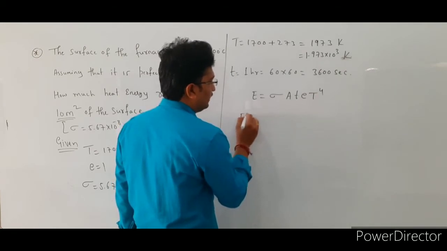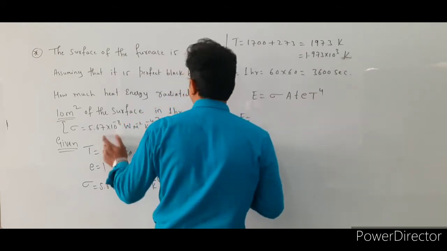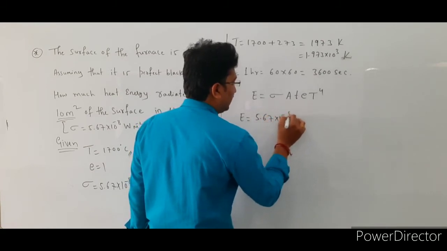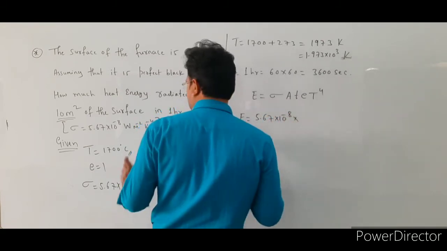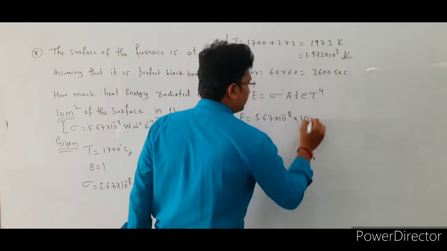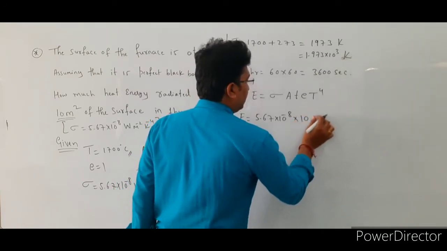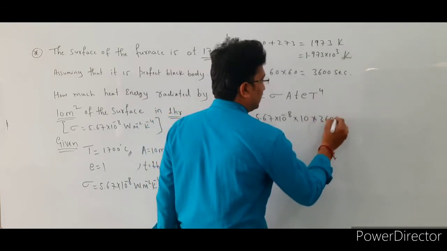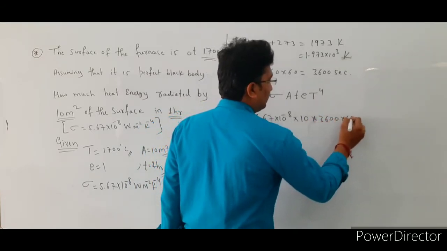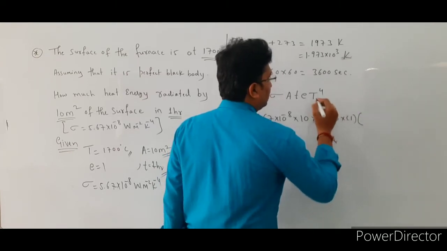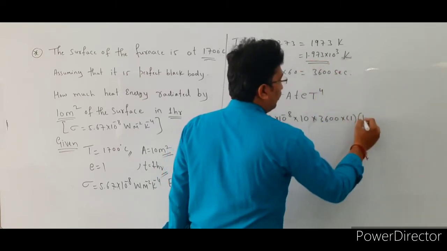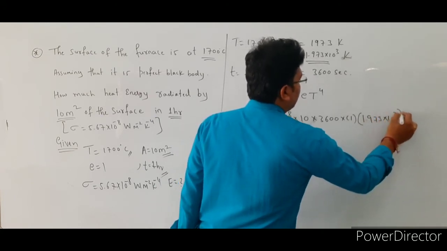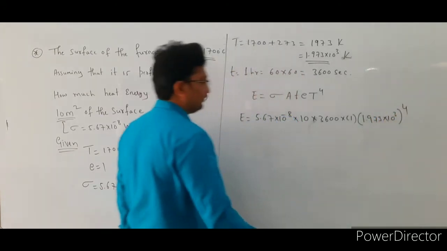Substitute all the values here. E is equal to, what is the sigma value here? That is 5.67 into 10 to the power minus 8, and the area is 10 meters square, and the time is 3600, into emissive power 1, and the temperature is 1.973 into 10 to the power 3, to the power 4.